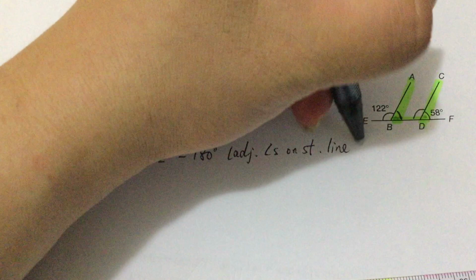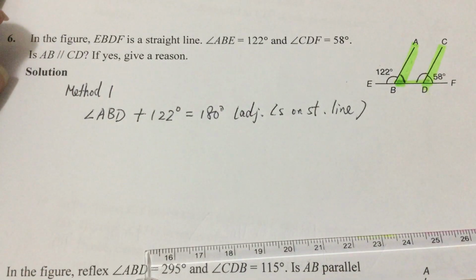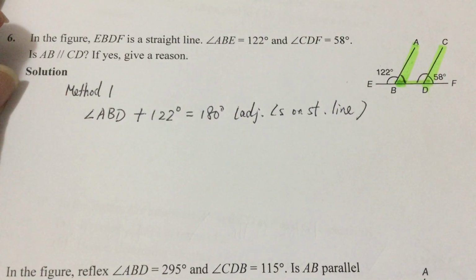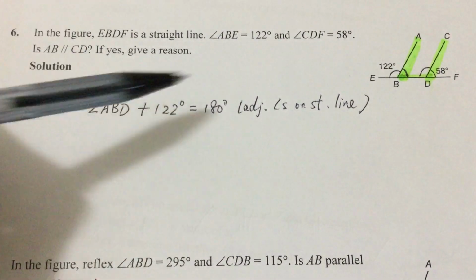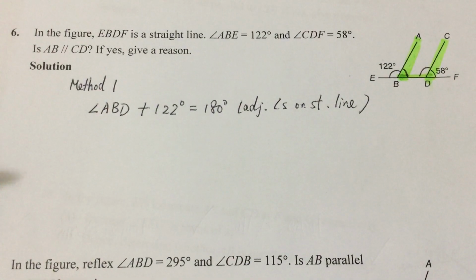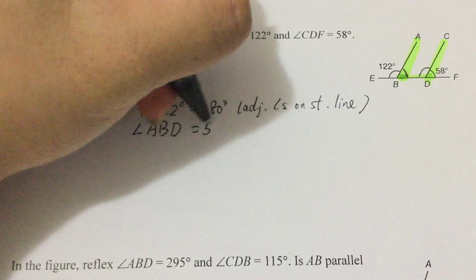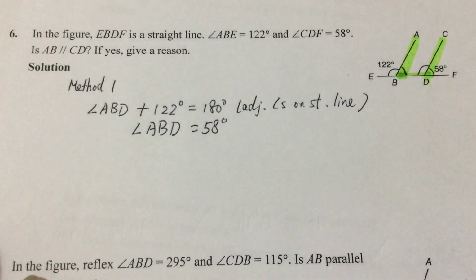In the examination, you need to write everything by yourself. Please pay attention. In your homework or classwork, I would let you fill in the blanks, but in the real exam, you will not have that kind of question. Okay, so angle ABD will equal 58 degrees. Okay, so this is the first part.